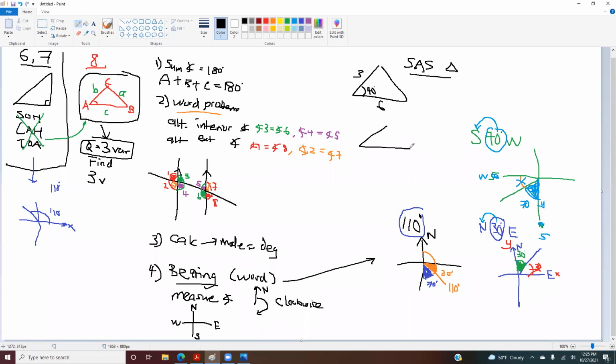Now, what happens if this is still 40, this is still 3, but the 6 moved to here. It's no longer here, it's moved to the other side. Is this still called an SAS triangle?